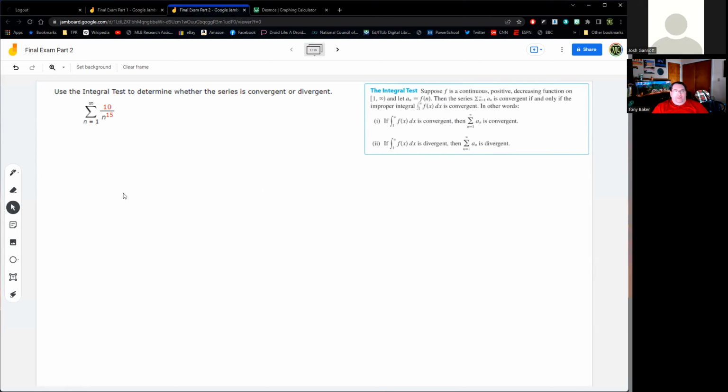So in essence, all I'm doing is the integral for it. So I'm doing the integral from 1 to infinity of 10 over x to the 15th dx. So I can pull the 10 out. So I'm just doing the integral from 1 to infinity of 1 over x to the 15th.